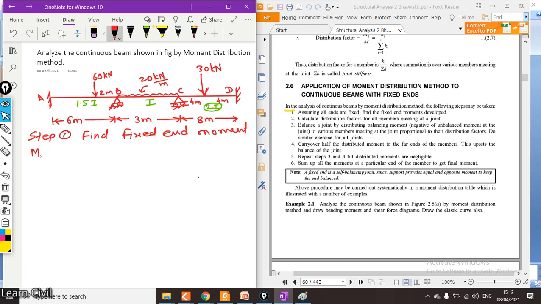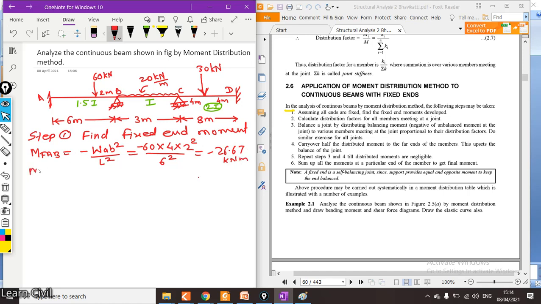Therefore MFAB, fixed end moment AB, will be given by minus W a b square upon L square. We have W for span AB equal to 60, so minus 60 into 4 into 2 square divided by 6 square. So this will be equal to minus 26.67 kilonewton meter.